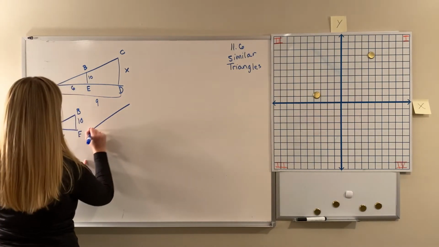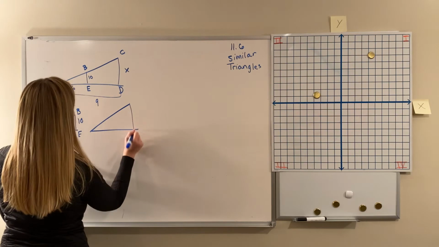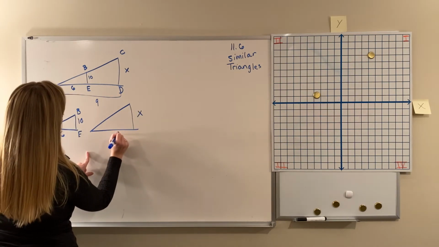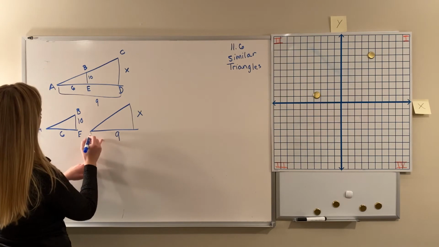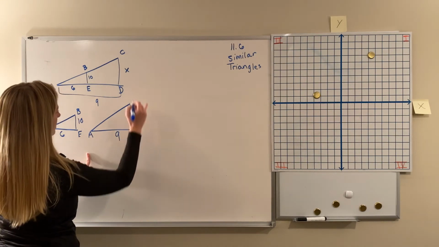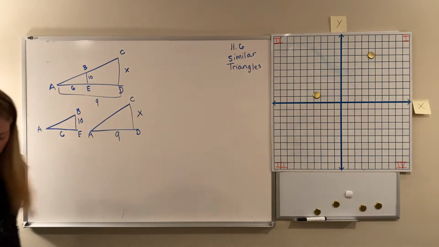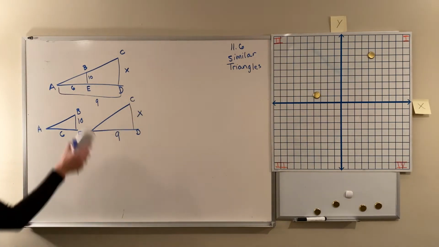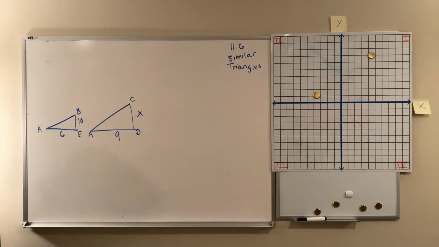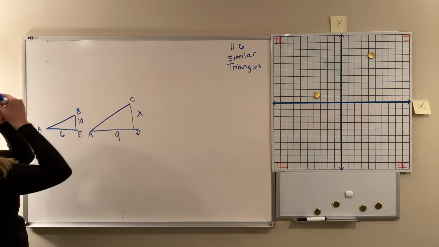And then I have my bigger triangle here that had a height of X, which was unknown, and a length of 9, and it was A, D, C. And now I have my two triangles. I'm going to erase this top picture because I don't think it's very helpful, to be honest. And our goal is to use the sides to find our unknown value.